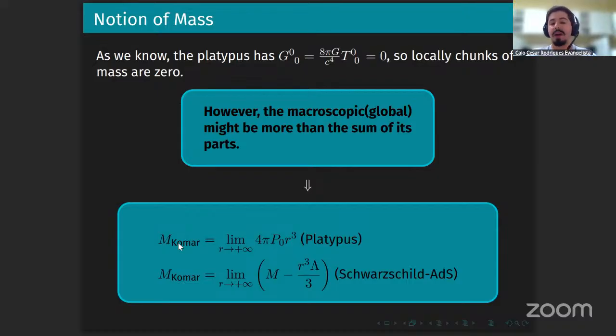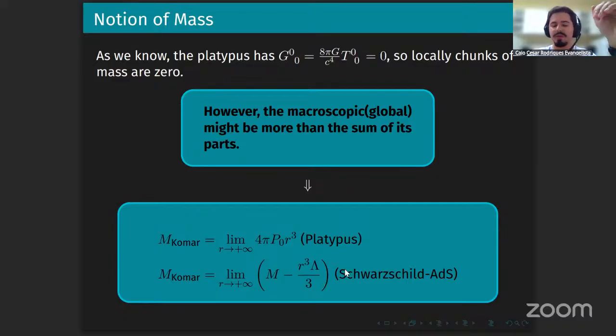However, you have other notions of mass. For example, you have the Komar anti-de Sitter notion of mass, which allows you to calculate, for example, the global mass in a Schwarzschild anti-de Sitter spacetime. If you just take the usual Komar mass notion in the Schwarzschild anti-de Sitter spacetime, you get this divergence as well.